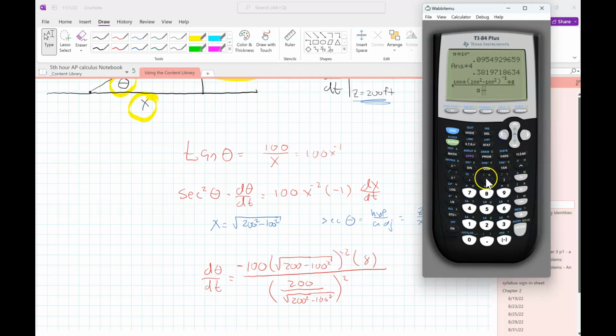Oops. And notice that I'm using that fraction command on my calculator so that I don't have to monkey around with 100 sets of parentheses.